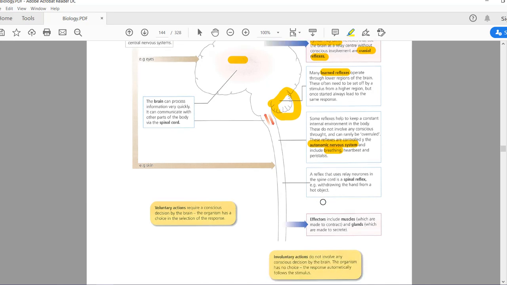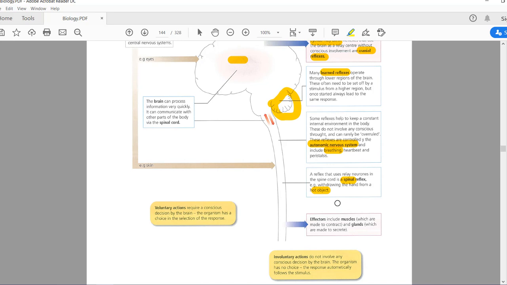Then another example of reflex, we call it spinal reflex. A reflex that uses relay neurons in the spinal cord is a spinal reflex. Example, withdrawing the hand from a hot object.